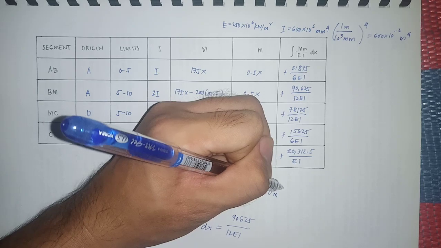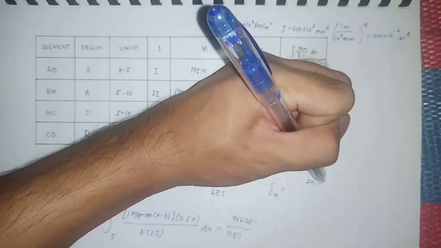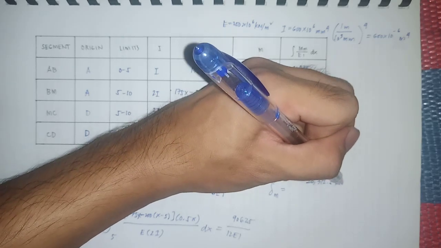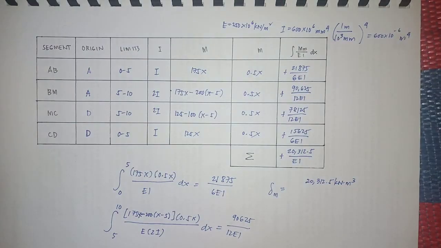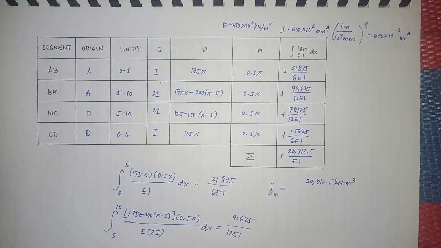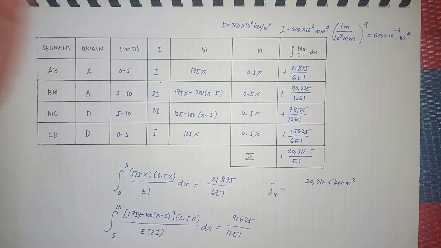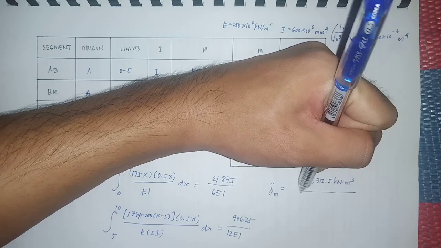Okay, so lagyan natin dito. Deflection at midspan M is equal to what? 20,312.5 is kilonewton meter cube. Remember yung mga unit na ginamit natin. Kilonewton meter, kilonewton meter, kilonewton meter, meter, then meter, kilonewton meter cube. Okay, lagay natin na.